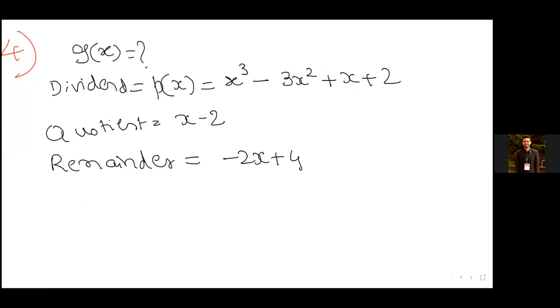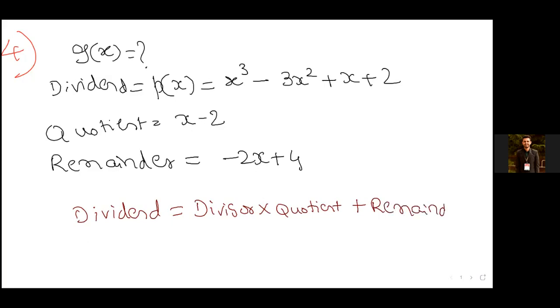How do we find this? Anyone tell me? We know the formula, that is dividend is equal to divisor into quotient plus remainder.